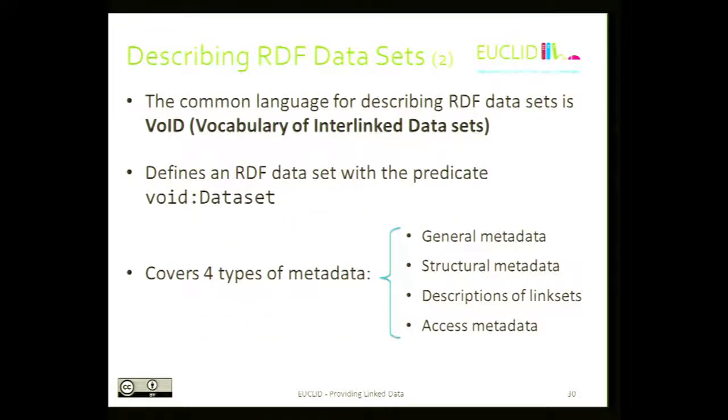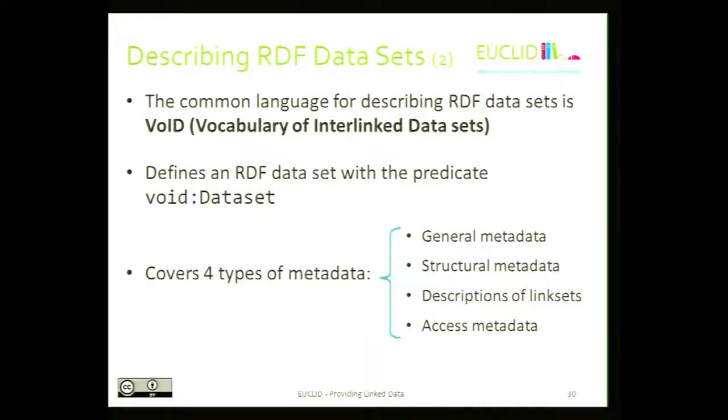The most common vocabulary to attach the metadata to a data set is the vocabulary named VoID, the Vocabulary of Interlinked Datasets. Okay? Its primary class, its primary kind of resource that it talks about is, of course, Dataset. Okay? So instances of Dataset are given metadata, and that metadata fits into four broad types.